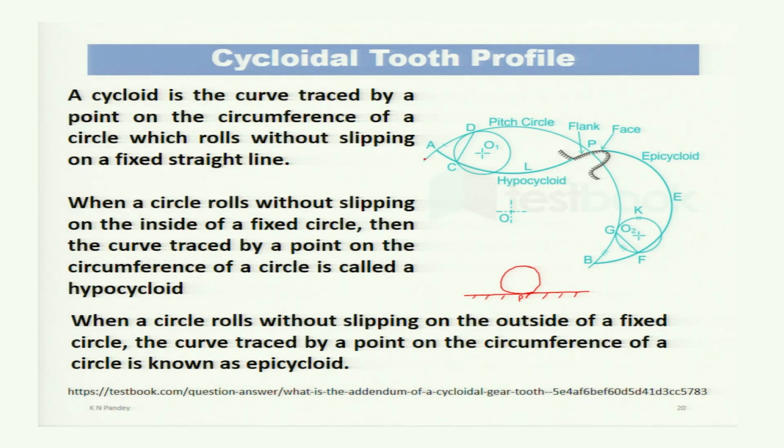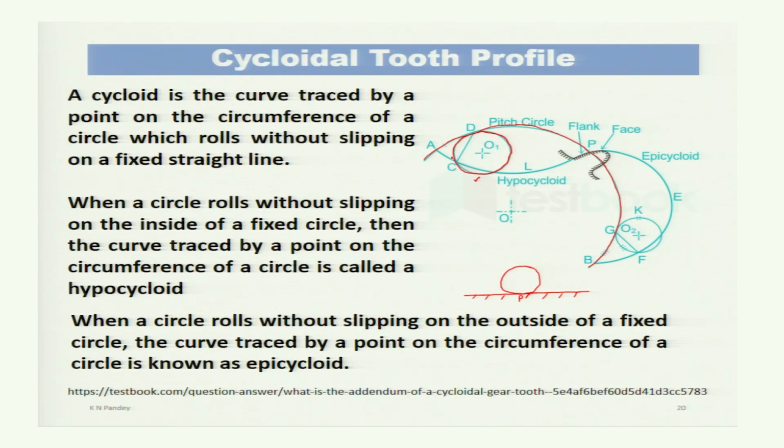This is the fixed circle, and another circle is inside the fixed circle, and the point of contact is D. The curve traced by a point on the circumference of this circle is called a hypocycloid.